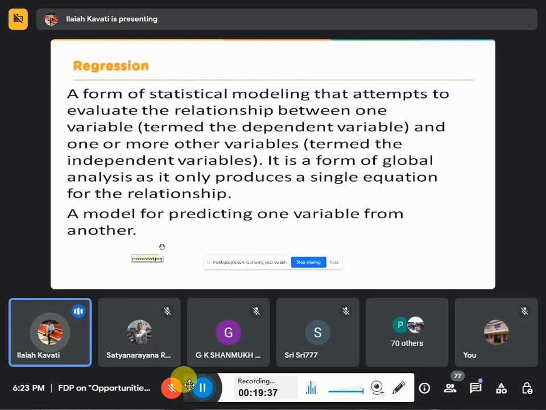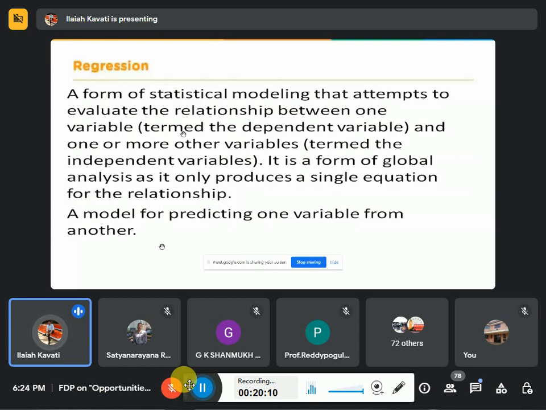Okay, so here in this case, salary is the outcome, that is the dependent parameter. That salary will depend on input parameters like experience, feedback, etc. So regression is a form of statistical modeling that attempts to evaluate the relationship between one variable, the dependent variable, called the outcome, and one or more other variables, called independent variables.